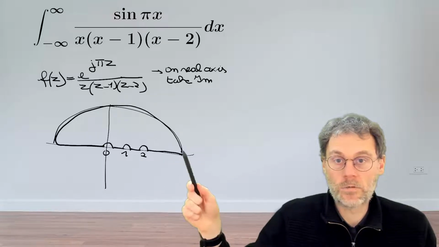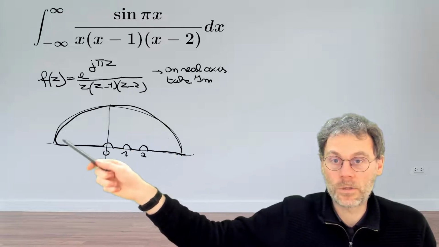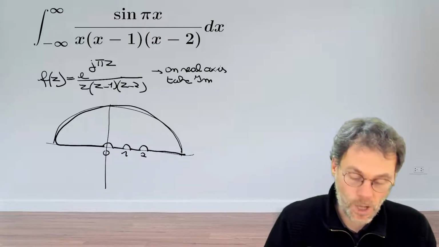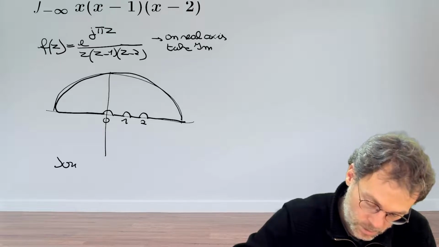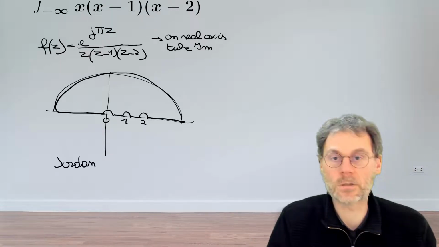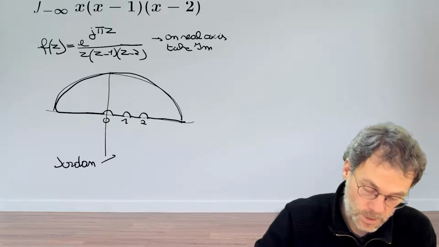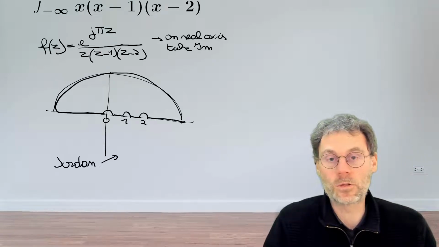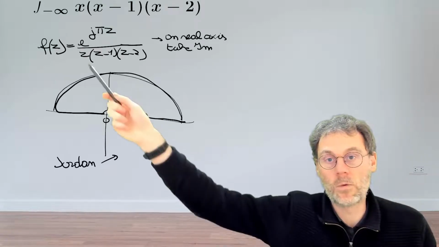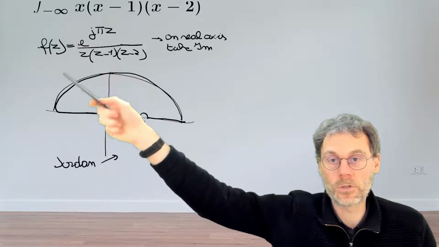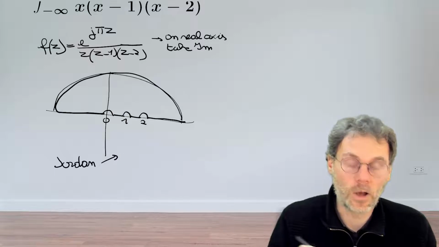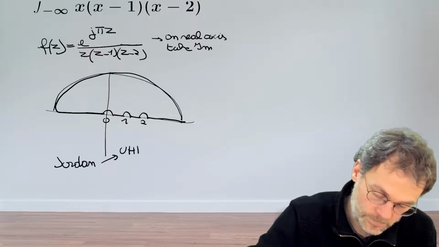Good. Let's focus on the contribution from this semicircle here in the upper half plane. For that, we have Jordan's lemma, or Jordan, I should probably say, because the guy was French. So first of all, let's have a look at whether or not we're in the right half plane. Looking at the exponent and the coefficient, that's a positive number, so we know this should be the upper half plane. So that's good. Check.